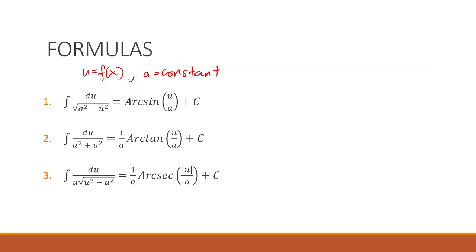And then, let's recall the derivative of arc sine. Let's say the derivative with respect to x of arc sine of x. This will give us 1 divided by the square root of 1 minus x squared. So actually, the argument here of arc sine, which is x in this case, is actually x over 1. And 1 here corresponds to the a in the radicand in the formula of arc sine.